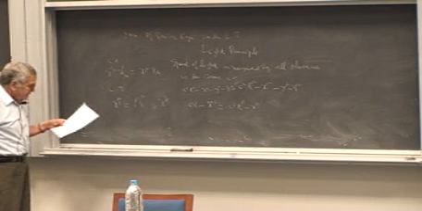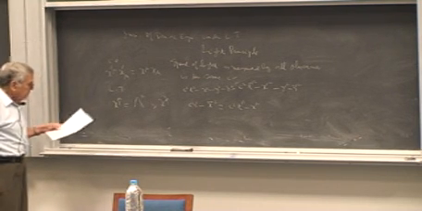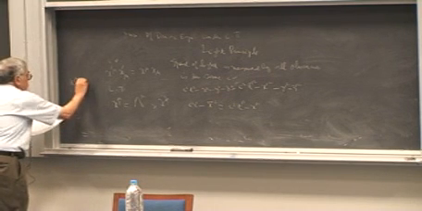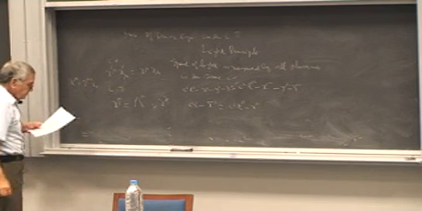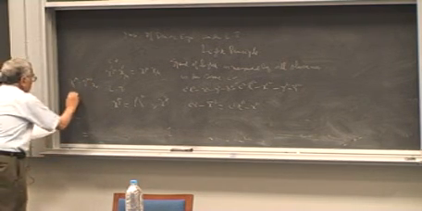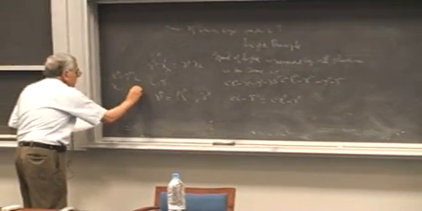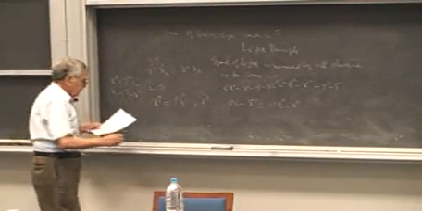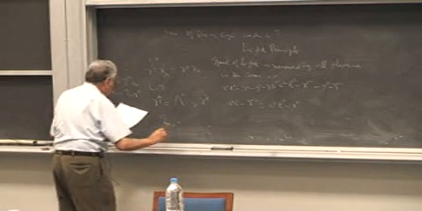Then there are 2 or 3 intermediate steps, but you can easily verify that because you can write always x prime mu is equal to lambda mu nu x nu and so on. So if you put it here, there are 2 intermediate steps, but you can see that you must have this condition.